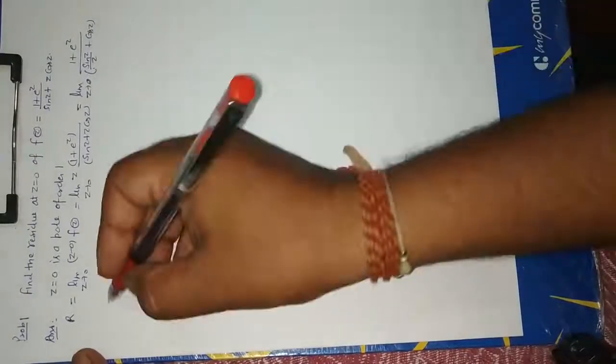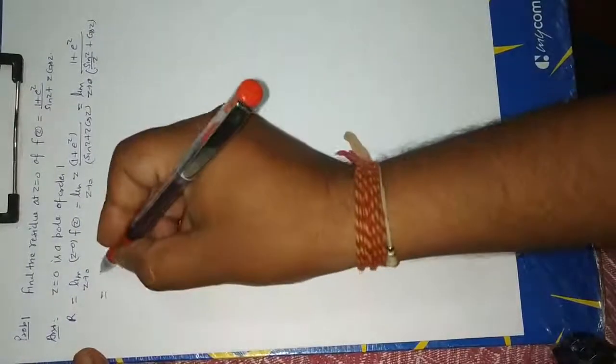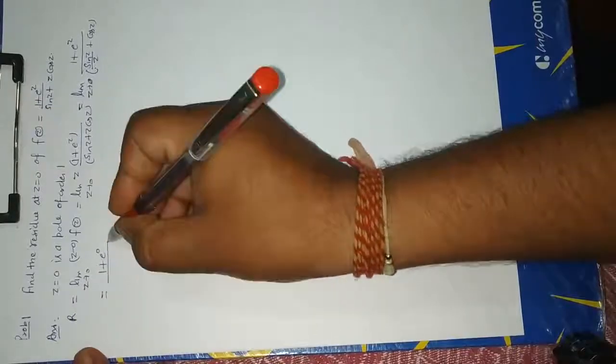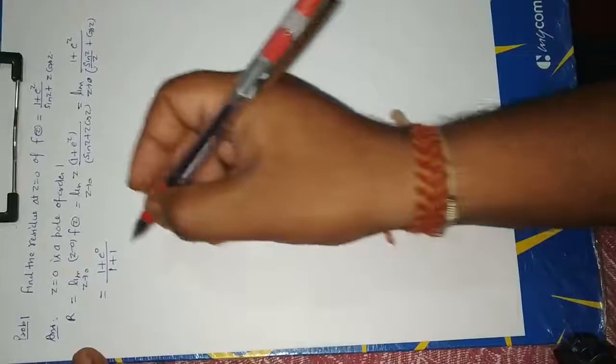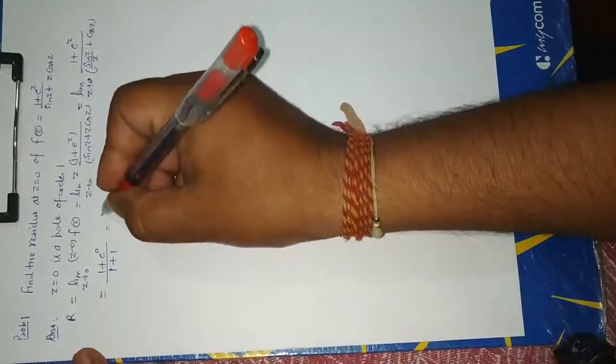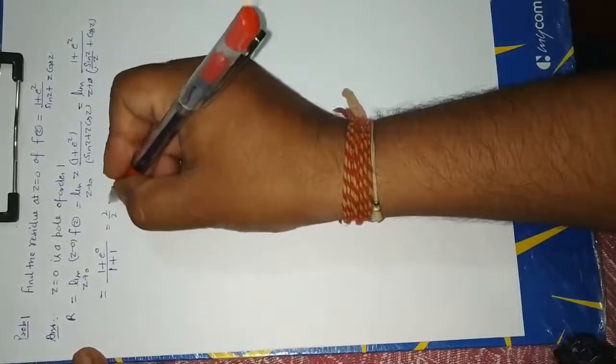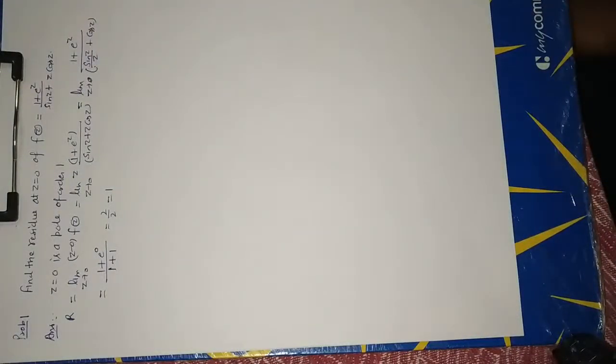Now taking the limit z tending to 0, we get (1 plus e to the power 0) upon (1 plus 1). This is equal to 2 upon 2, which is equal to 1. That is, the residue at z equal to 0 of f(z) is 1 only.